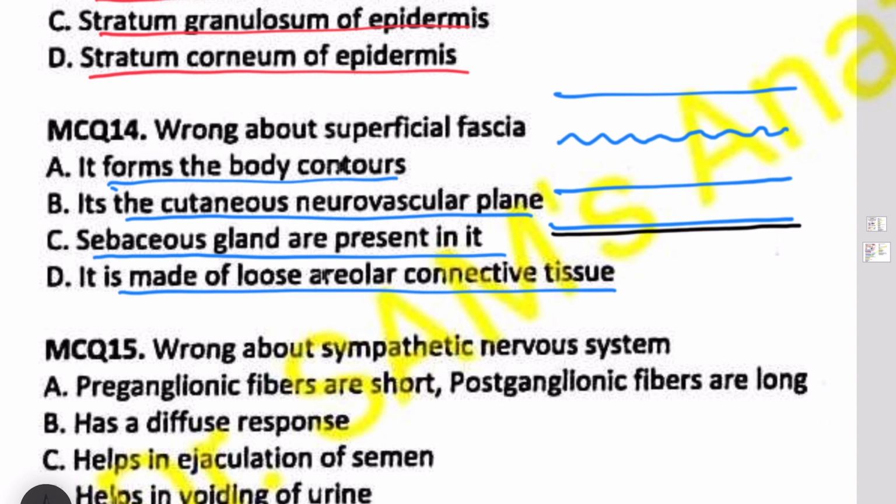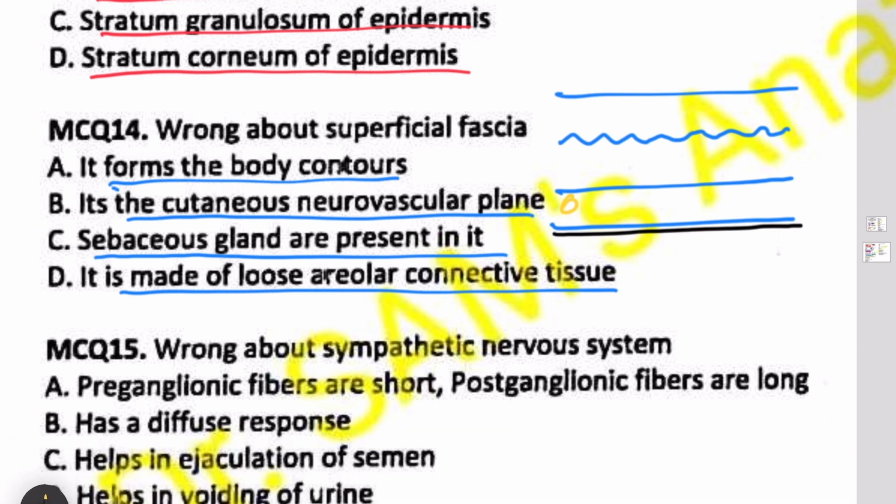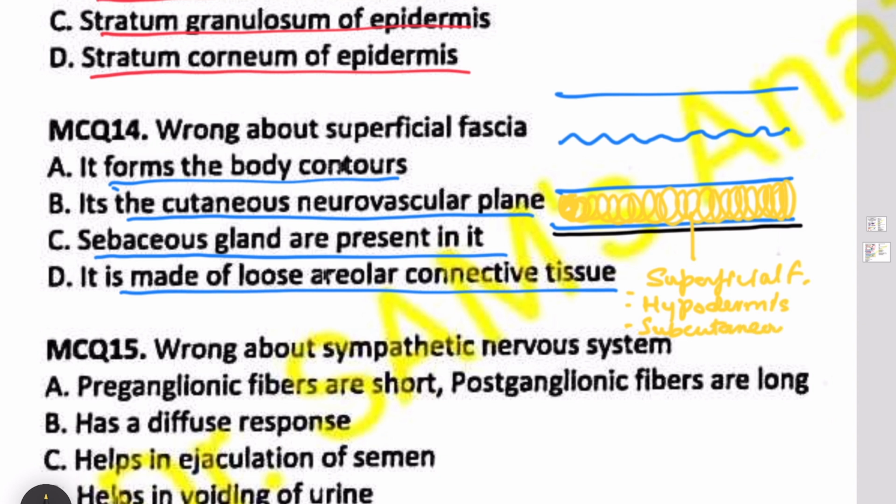So the layer we are talking about in the question is this layer, called the superficial fascia, also called the hypodermis, also called the subcutaneous layer, right?